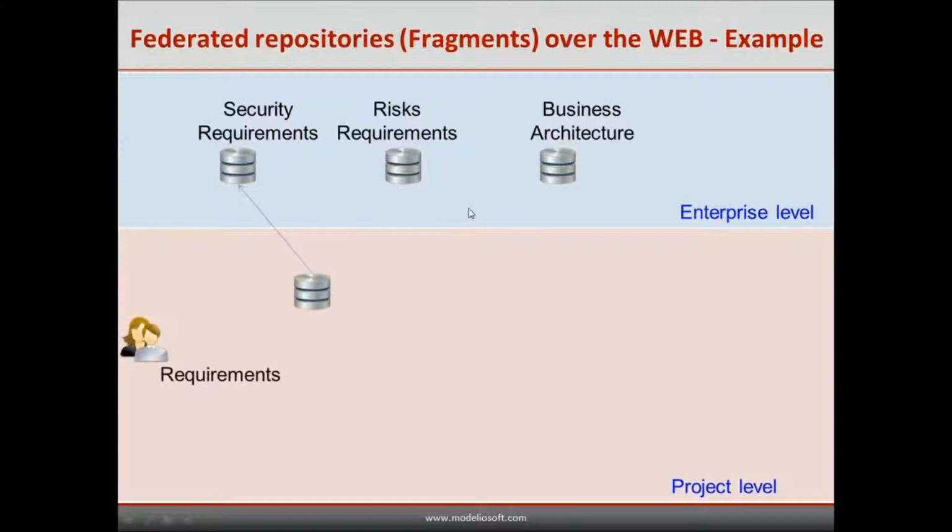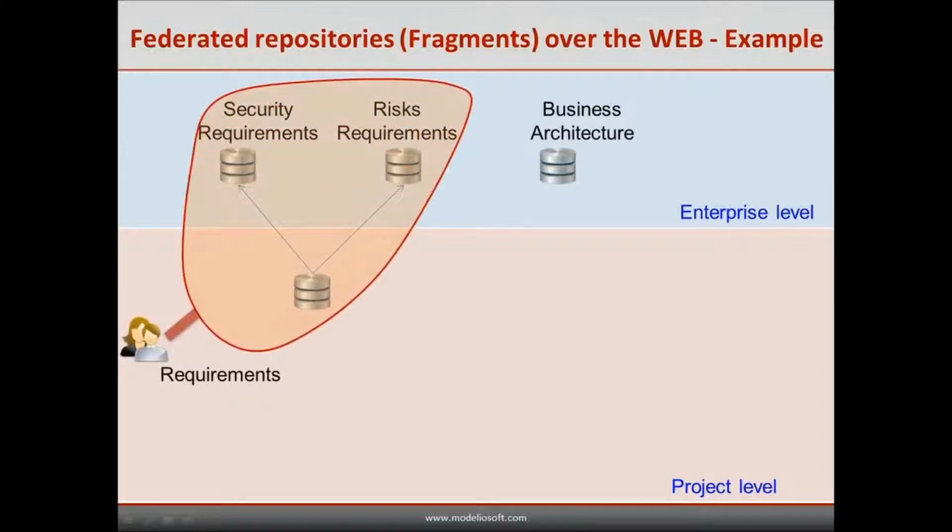And then we are now at the project level, and we start to define requirements at the project level with a specific team. So what we see here is called model fragments, and those model fragments are kind of model repositories that can be connected through the network between each other.